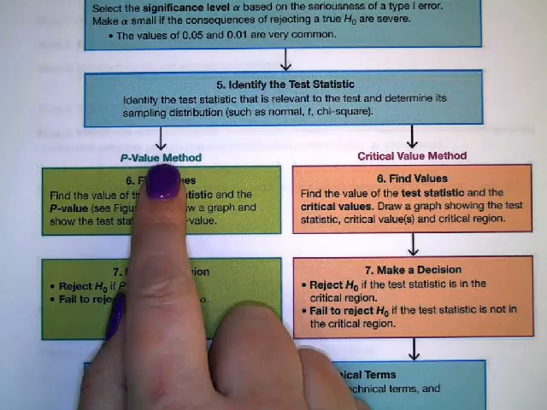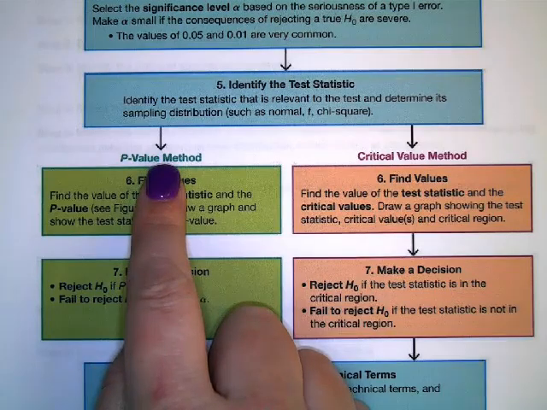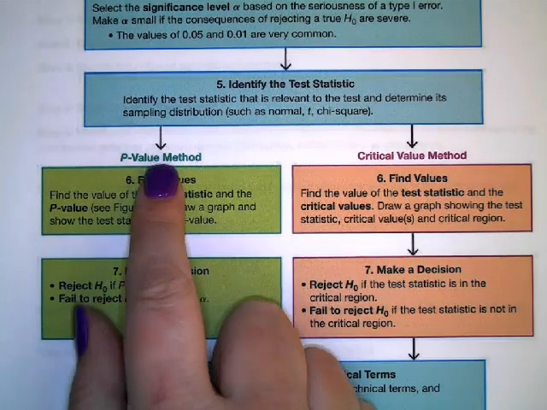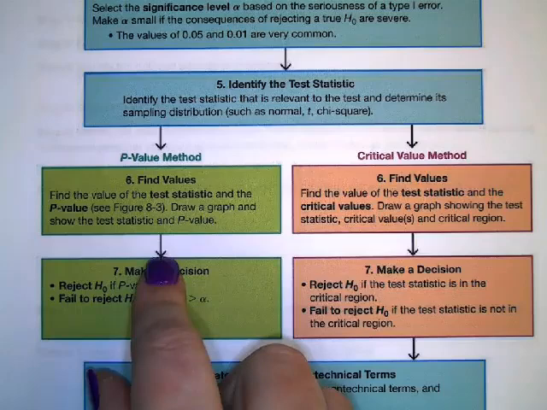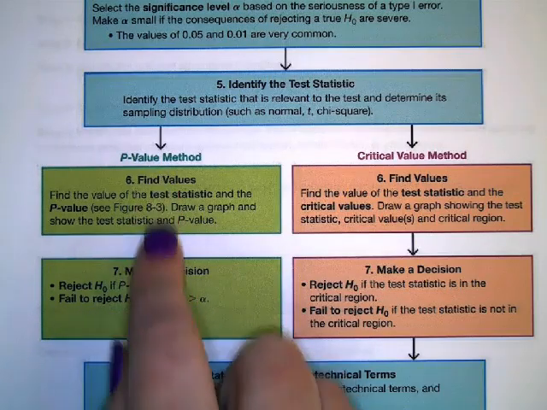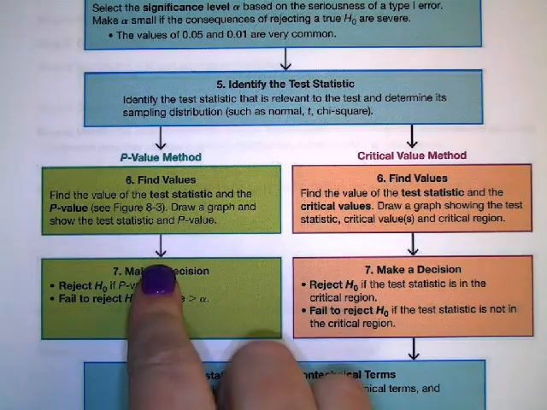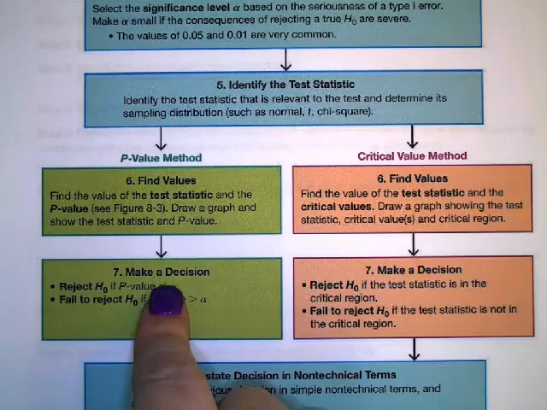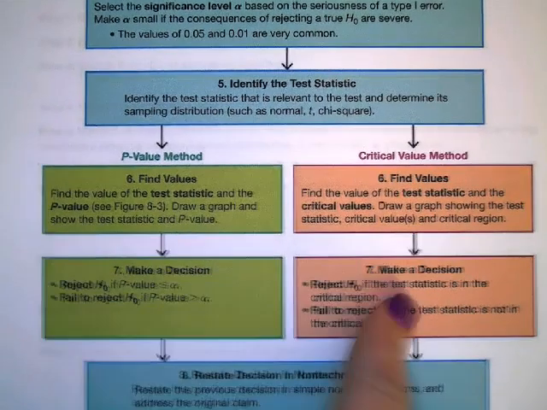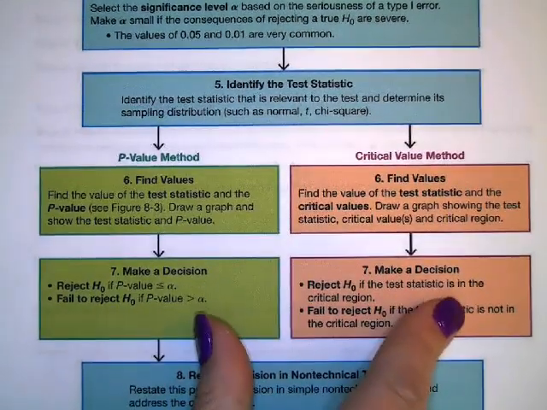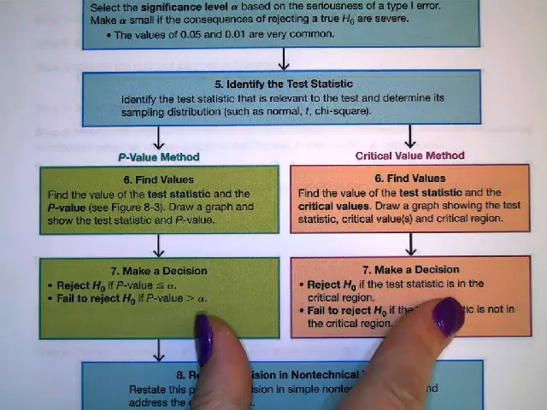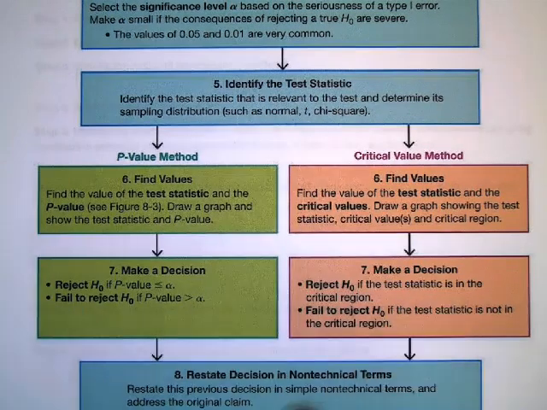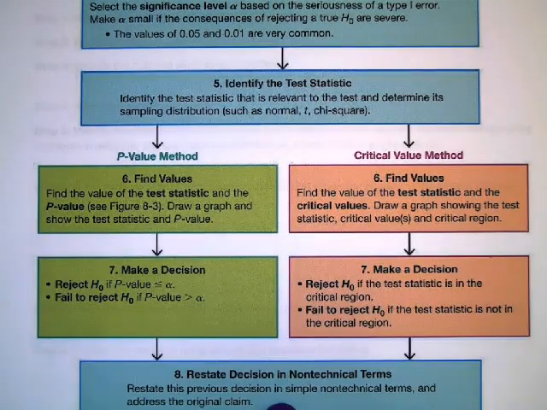And then we compare our p-value with our significance level and let that help us make our decision. So you have two different ways you can make your decision. And then once you've decided to reject or fail to reject the null hypothesis, you can restate your decision in non-technical terms. So here is our summary that you can use if that helps you.